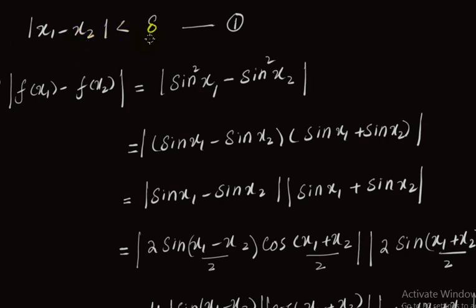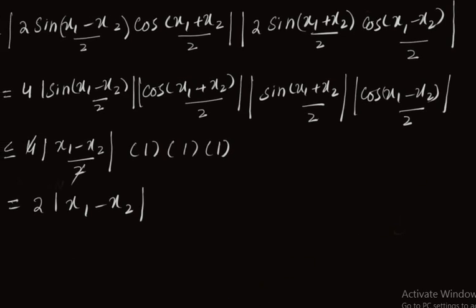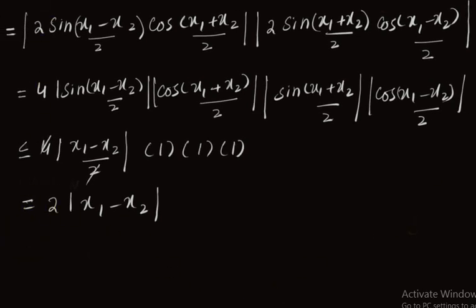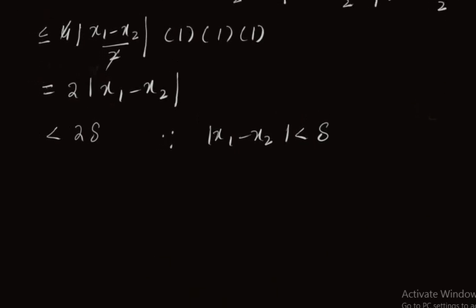By using this equation, we can write it as less than 2 times delta. Now we choose, let epsilon be equal to 2 delta. Then delta is equal to epsilon upon 2.